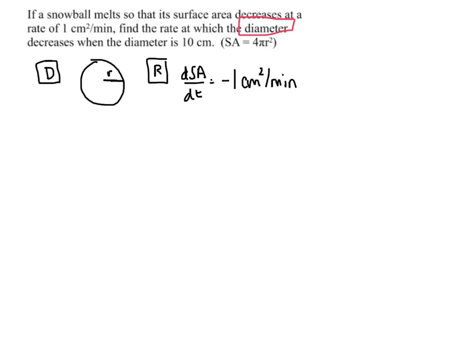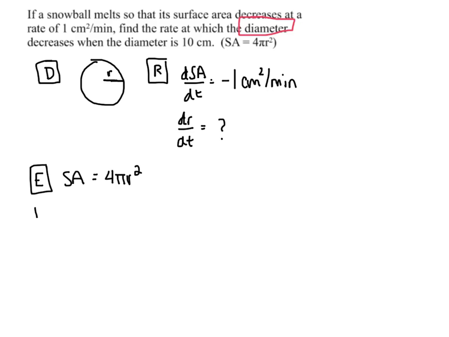Now, what rate am I looking for? Well, again, as I said, I'm going to do this with radius, and then I will work the diameter at the end. Okay. Equation. Well, the equation that relates them I provided just here. The surface area of a sphere is 4 pi r squared. Okay.